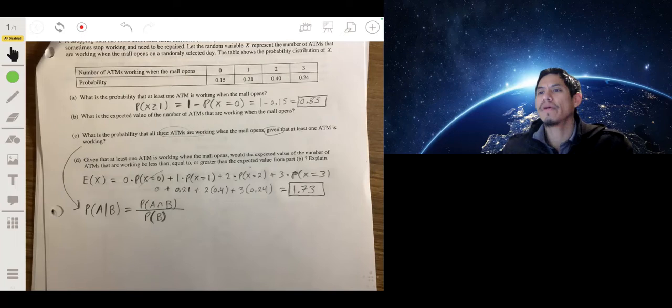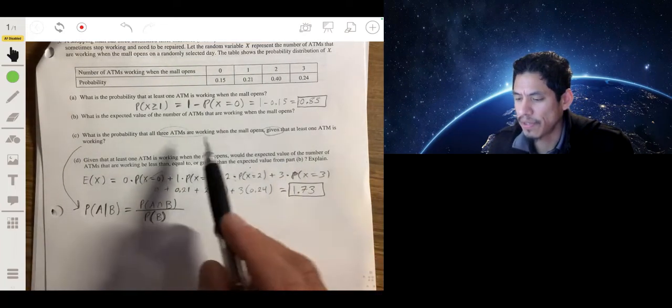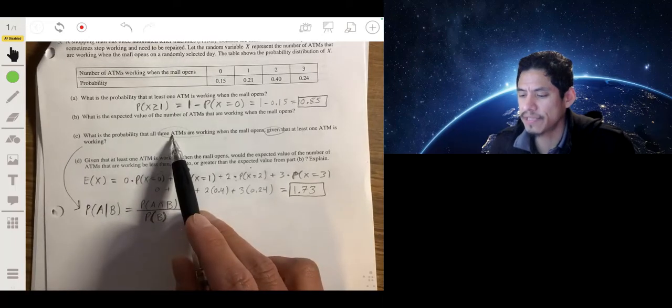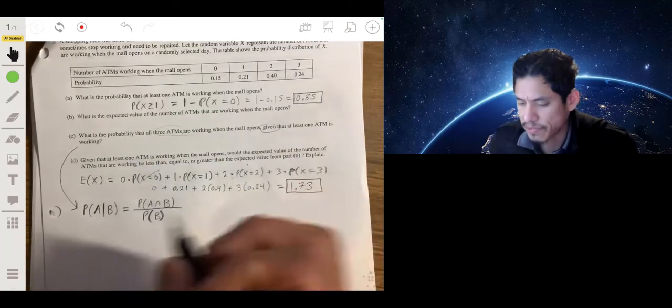We're going to have A represent that all 3 ATMs are working. Let's write that.